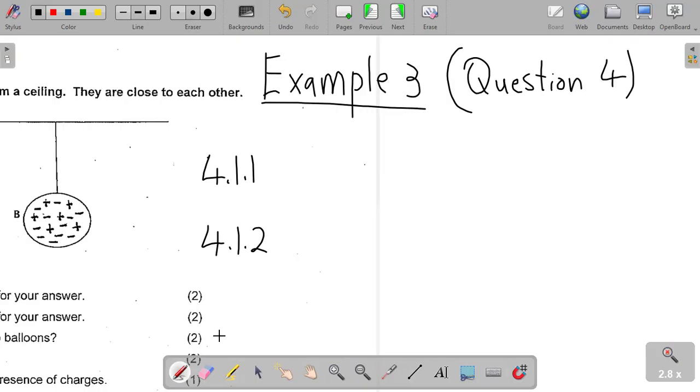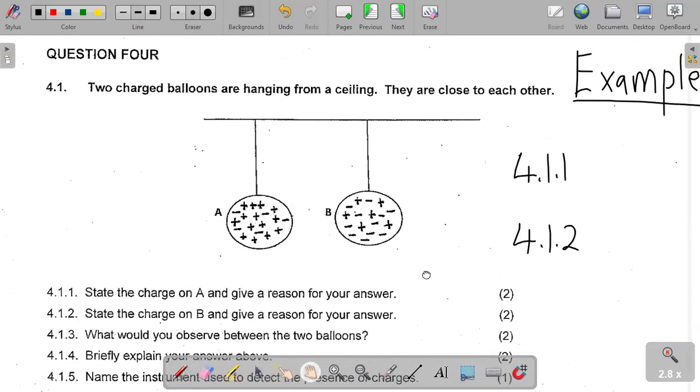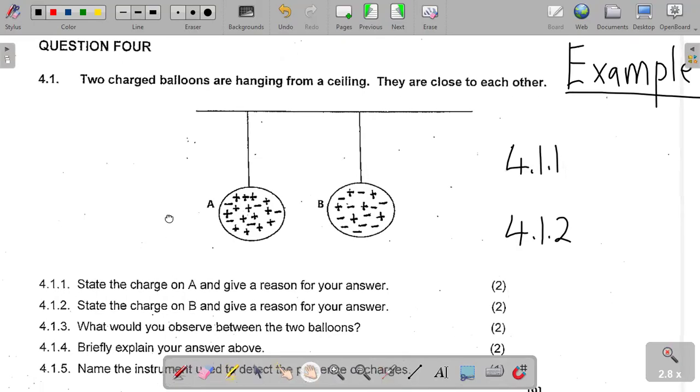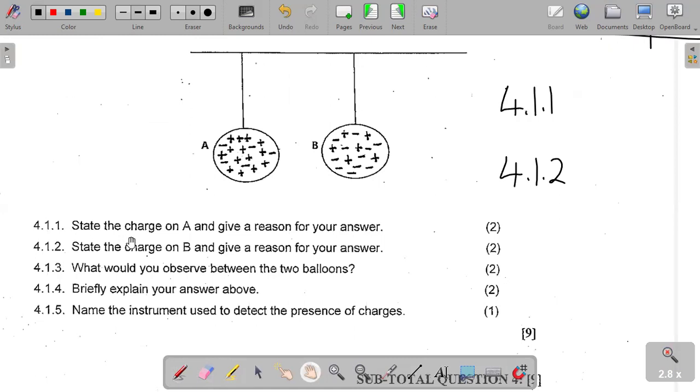Okay, let us read the question. Two charged balloons are hanging from a ceiling. They are close to each other. 4.1.1: State the charge on A and give a reason for your answer.